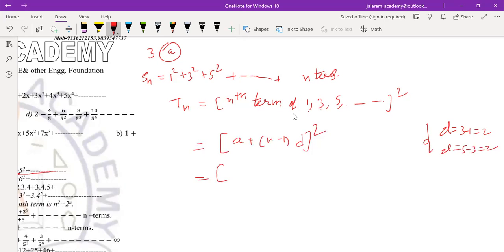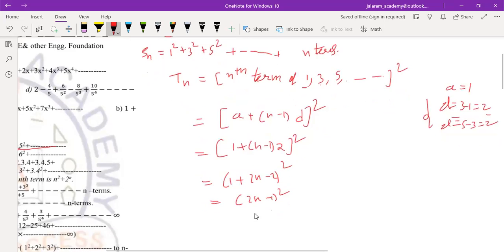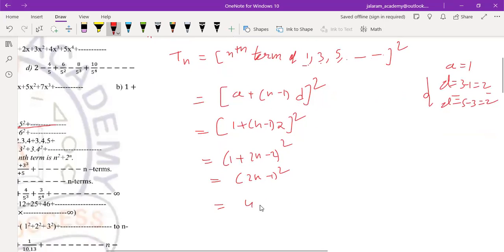Now a is 1 plus n minus 1 into d, which is 2, whole square, equals 1 plus 2n minus 2 whole square, equals 2n minus 1 whole square, which is the nth term. So expand it. It is giving 4n square minus 4n plus 1 using the formula a minus b whole square.